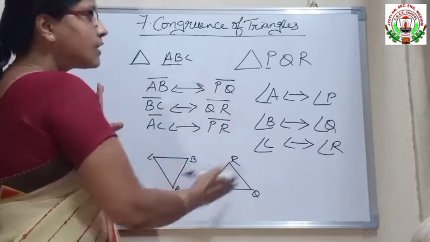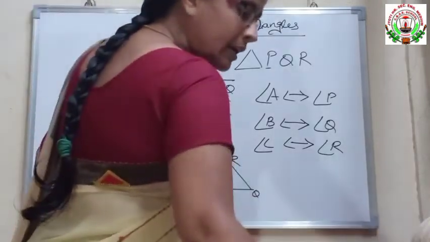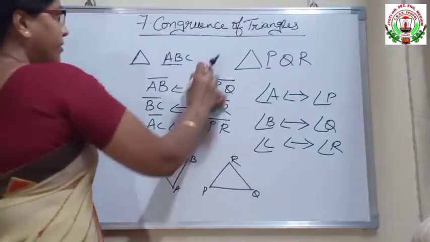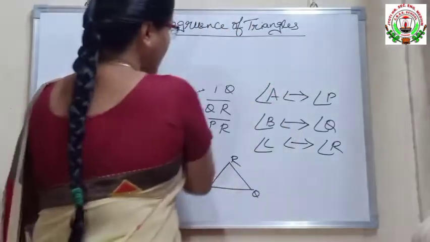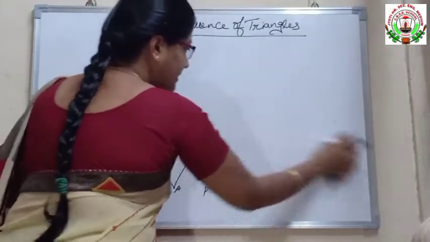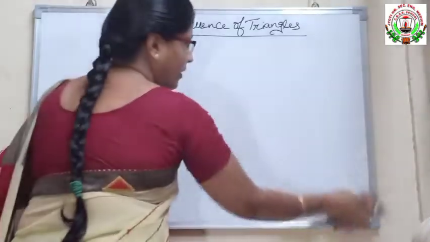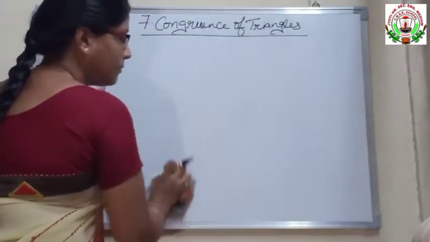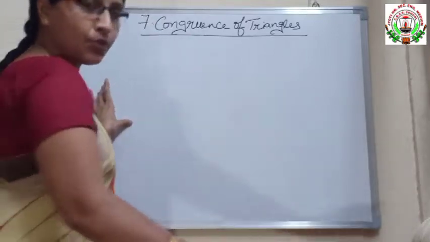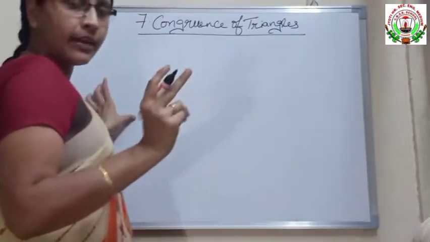So these are the corresponding sides of two given triangles.